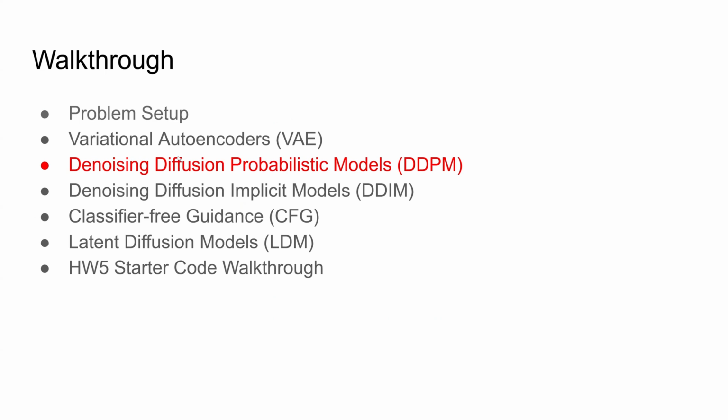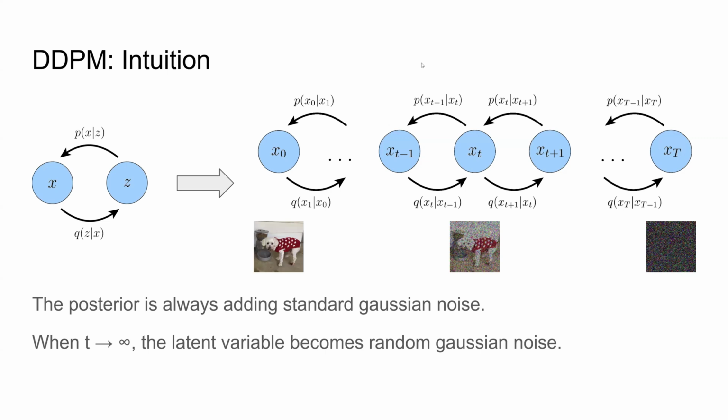Okay, so now after we've had some idea about what a VAE is, let's continue to the method of DDPM. Once we've got the VAE, we would like to expand this into a more powerful pipeline. On the left, it is a simplified model of the VAE where we have the input data and the latent, where we're modeling both the posterior distribution and the conditional distribution.